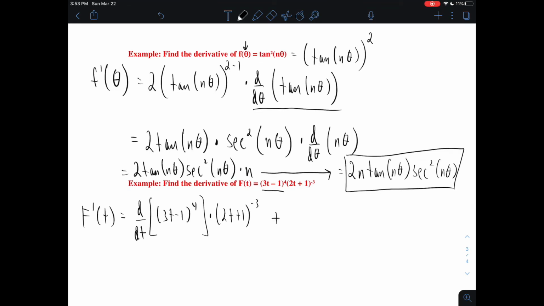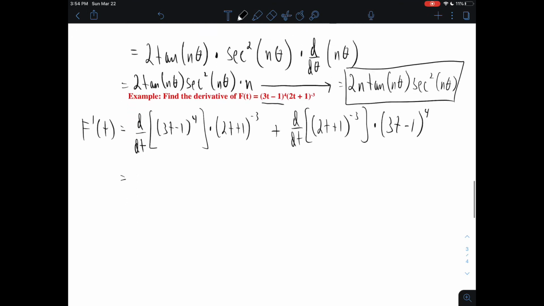And then the other part of the product rule is take the derivative of the second part of the product. So the derivative with respect to t of 2t plus 1 raised to the negative 3 power. And then multiply that by our first function, 3t minus 1 raised to the fourth.